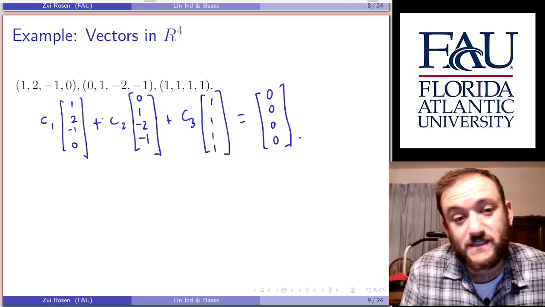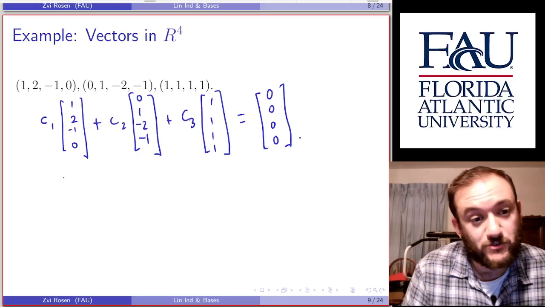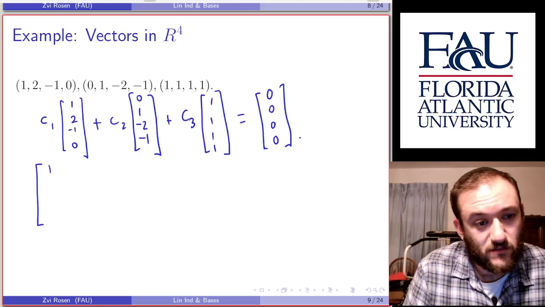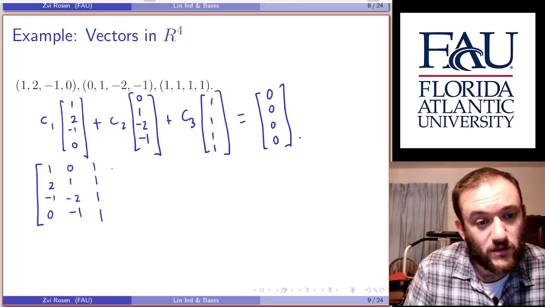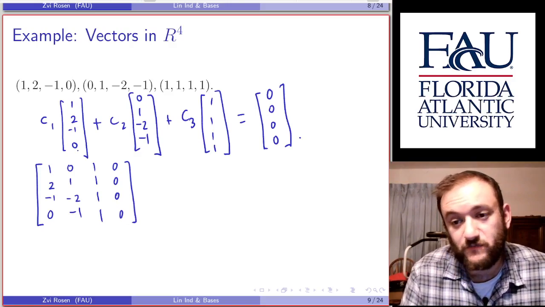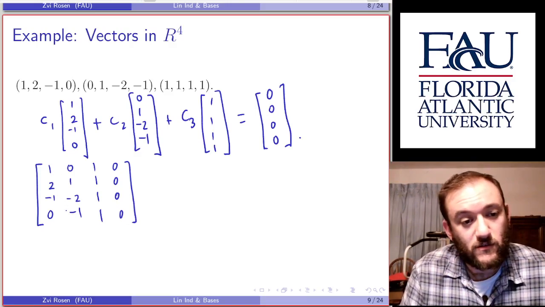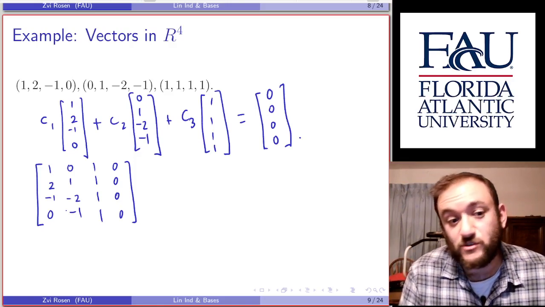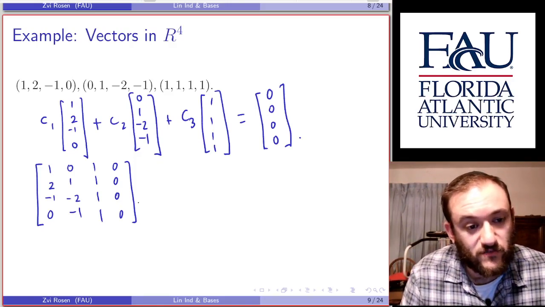One way to solve this is actually using an augmented matrix. So we can take the rows 1, 2, -1, 0; 0, 1, -2, -1; 1, 1, 1, 1; and 0, 0, 0, 0, and we can use row reduction to come up with some constraints on our c values.